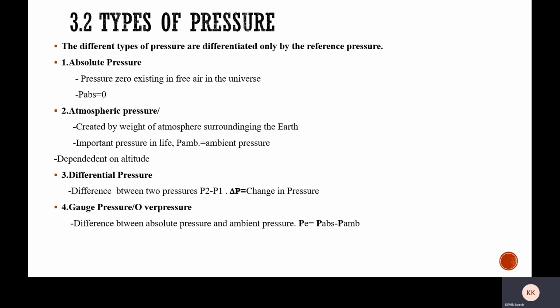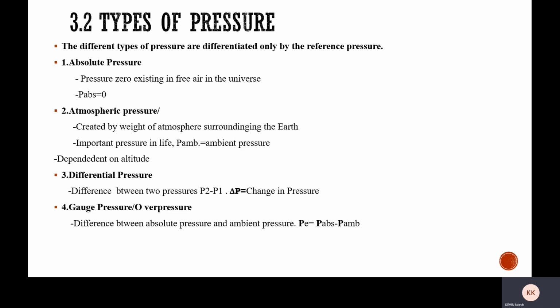Then we have number 3, which is called differential pressure, or normally known as change in pressure. This is the difference between two pressures. You may be given pressure 1 and pressure 2, or pressure A and pressure B. So there are differences, and that is what is called differential pressure, or change in pressure.